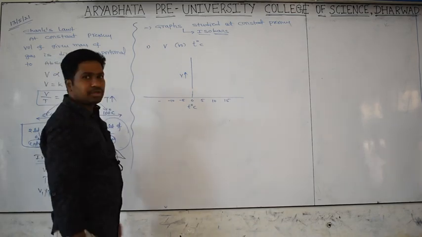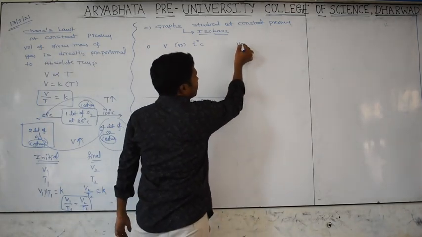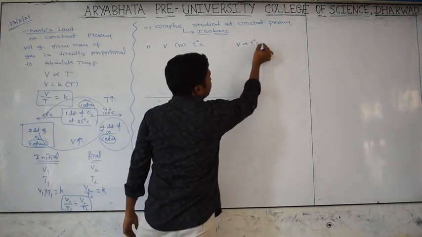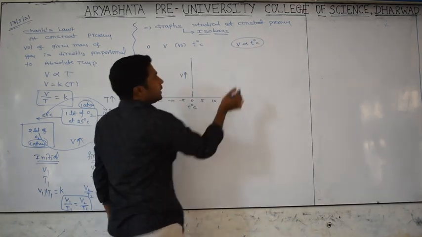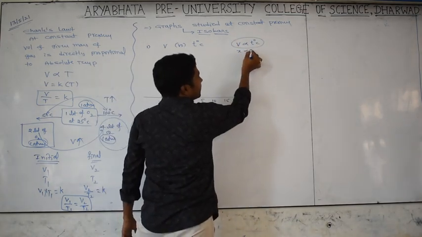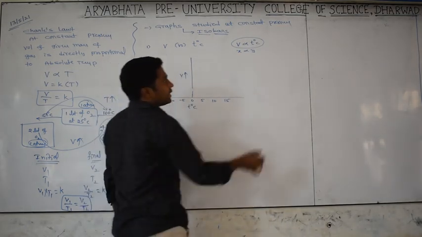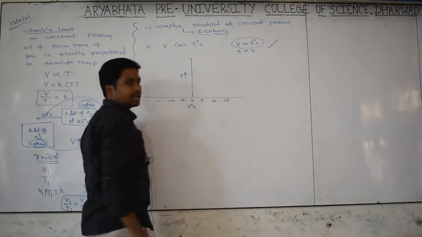Now what is the relation here? Volume is directly proportional to temperature, whether in degrees Celsius or otherwise. Directly proportional means we get a straight line.